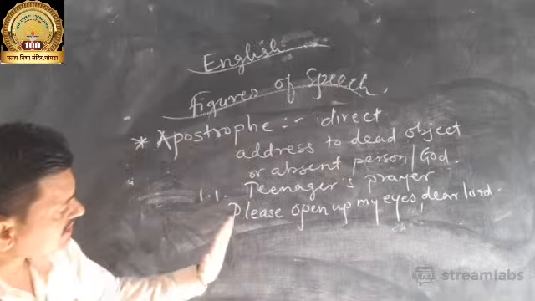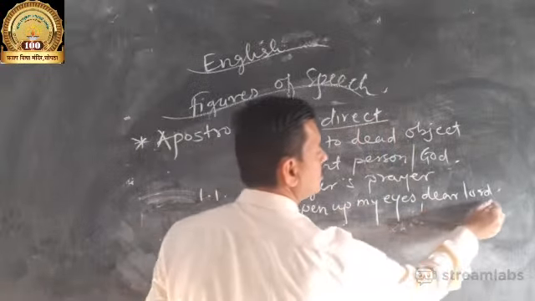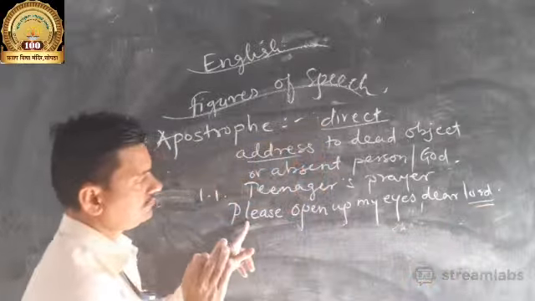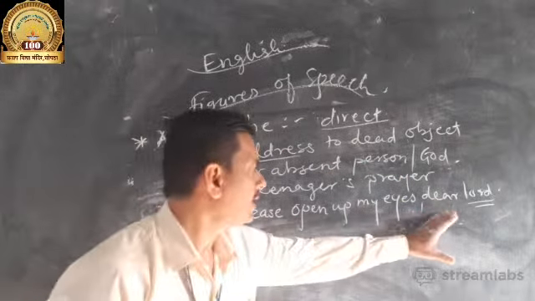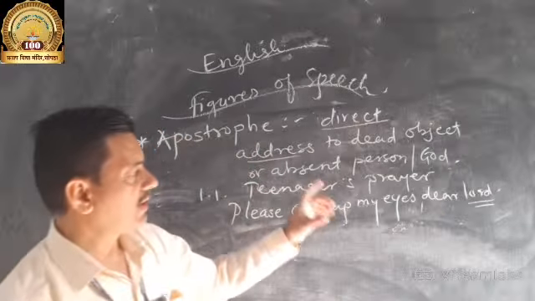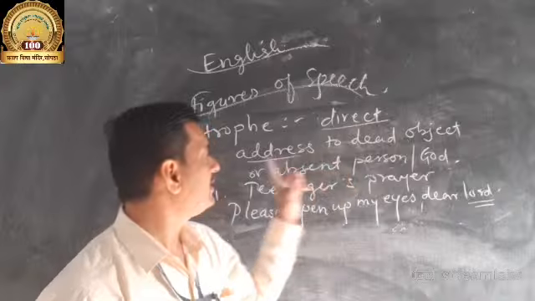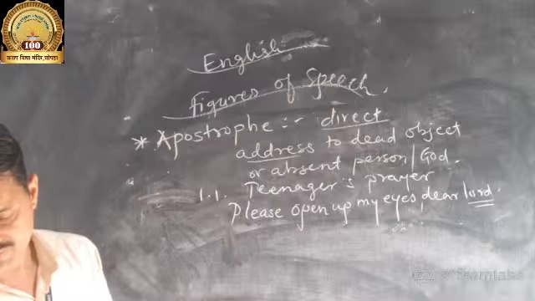Here in this line, you can see there is a direct address to Lord, meaning God. God is not there nearby. So therefore, God is directly addressed there. Therefore, the line is an apostrophe figure of speech.